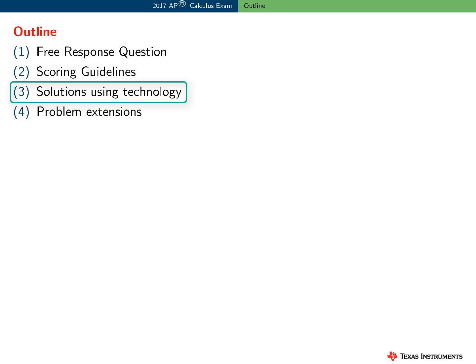This free response question was calculator active, so I'll show how to use technology to explore and solve parts of this question where appropriate. And because the free response questions are usually very comprehensive, I'll suggest some problem extensions, additional AP Calculus type questions associated with the information given in the problem. And some of these questions may be calculator active.